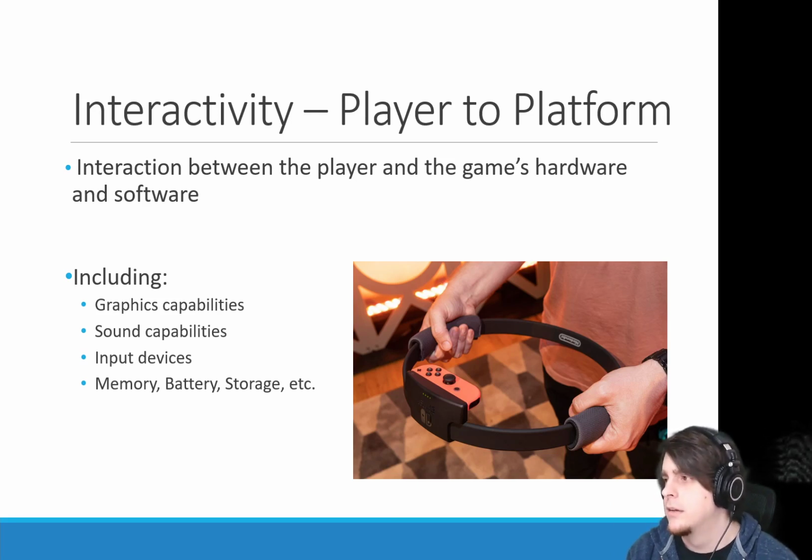This can include the graphics capabilities of the hardware, the sound capabilities, what input devices the player is using, and in some cases, memory, battery, storage, things like that. For where you're at in your game development career and where the landscape of game development is right now, I think input devices is still the big one that we'd be thinking about.